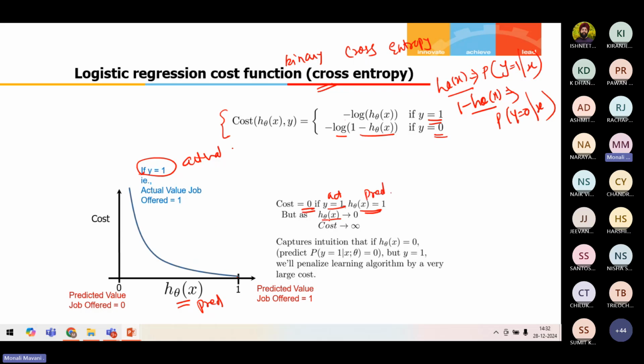But if the model is outputting 0, the cost approaches infinity. So whenever the actual label is 1 but the predicted label comes out to be 0, where our hypothesis function is predicting the class 1 probability, the cost is going to be very high, infinity theoretically.